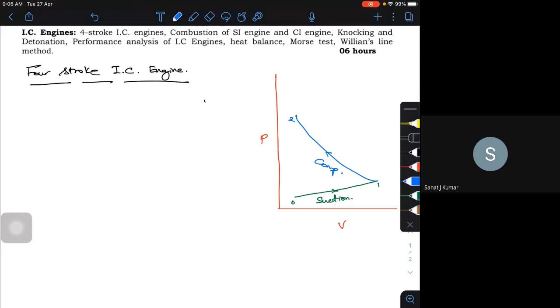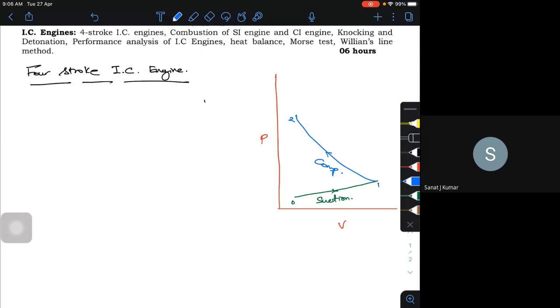If it is an SI engine, I need to ignite with a spark ignition. I need to provide a spark because the compression temperature is not sufficient to self-ignite. That's the case for your Otto cycle engine or petrol engine.